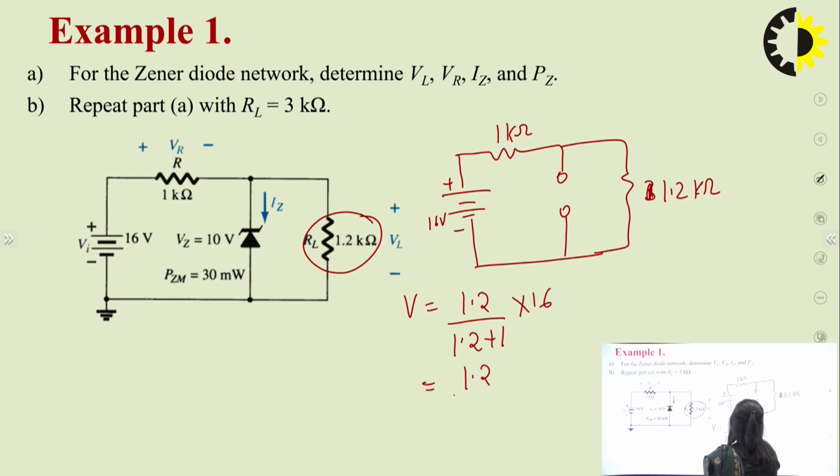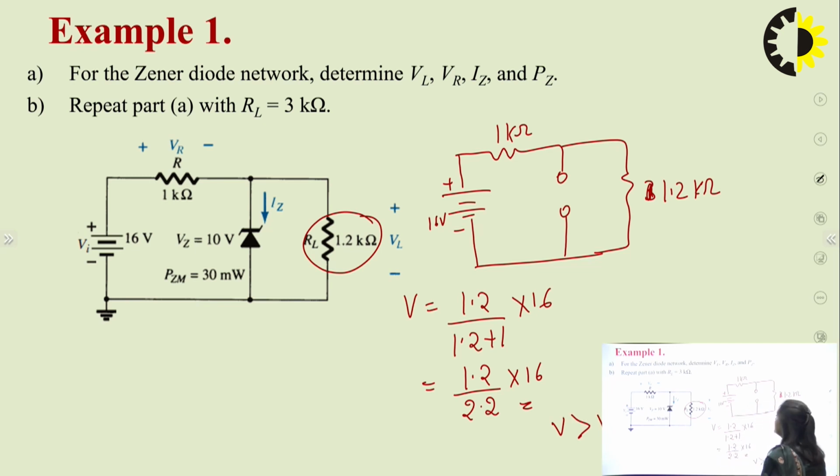So 1.2 upon 2.2 multiplied by 16. By solving, if it comes greater than 10 volt, if this V is greater than VZ, then the output will be equal to VZ.